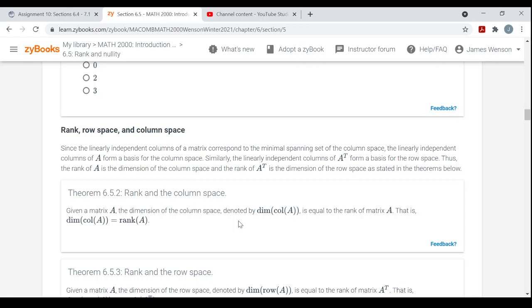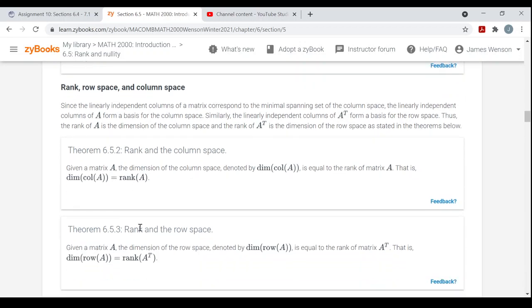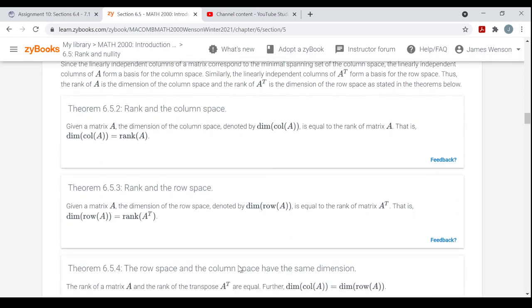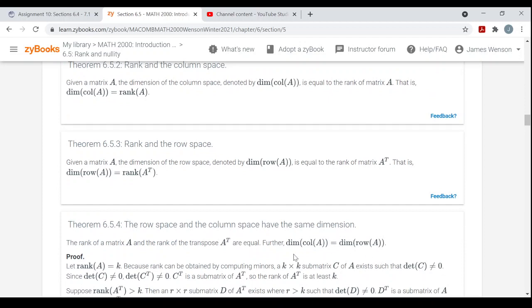As I said earlier, every pivot, all those leading ones, all those pivot positions, are in a row and a column. So the number of pivot rows is exactly the same as the number of pivot columns. So the rank is not only the dimension of the column space, but it is also the dimension of the row space. So the dimension of the column space of a matrix is equal to the dimension of the row space.